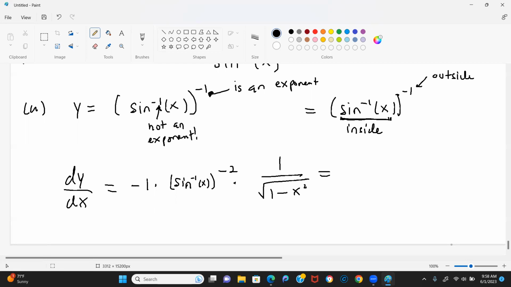And then you can simplify that a little bit to get -1 over, it's kind of horrible looking, sine inverse of x squared times square root of 1 minus x squared.